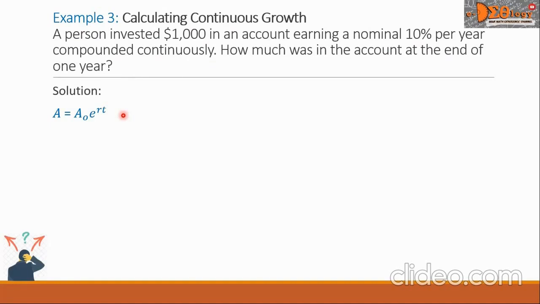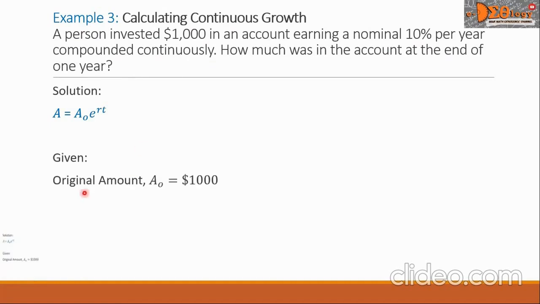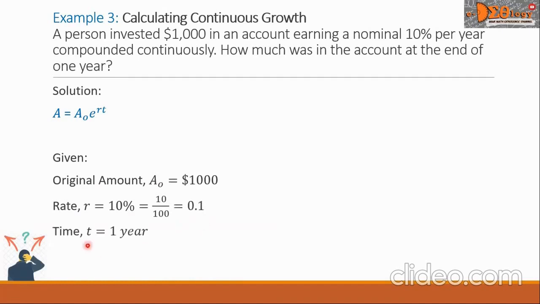Then let us list the given, starting from the original amount. A sub O equals $1,000, followed by the rate denoted by R, and this is 10%. Converting our 10% into decimal, so we have 10 over 100, and this is equal to 0.1. Next is the time t, and this is equal to 1 year.